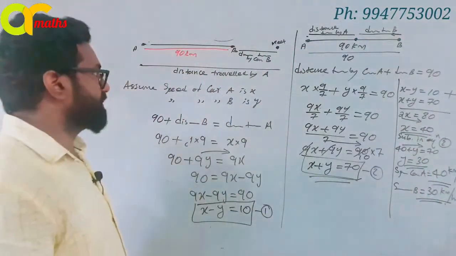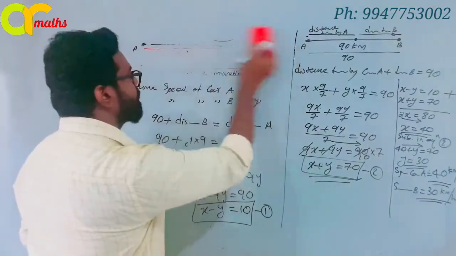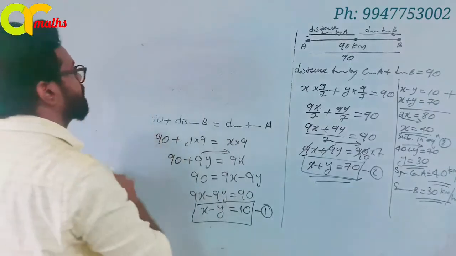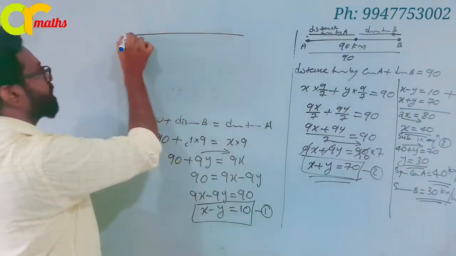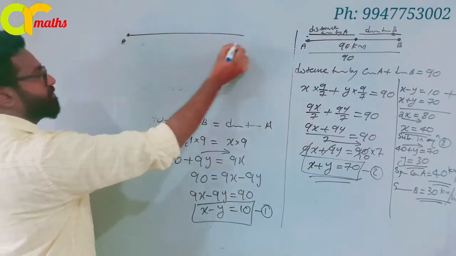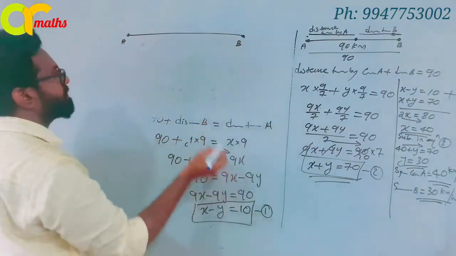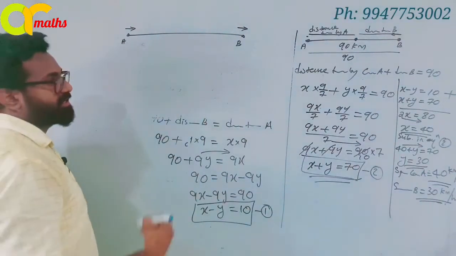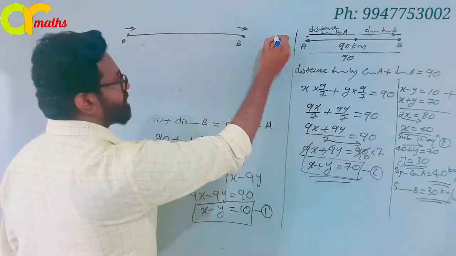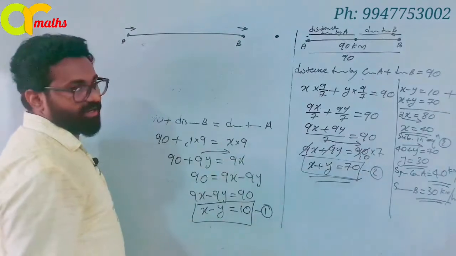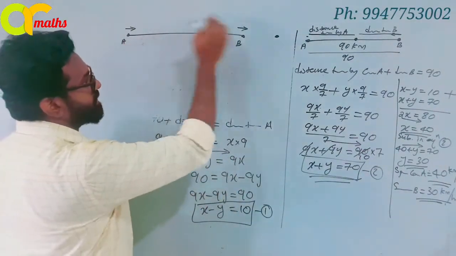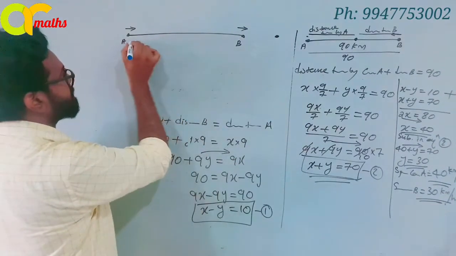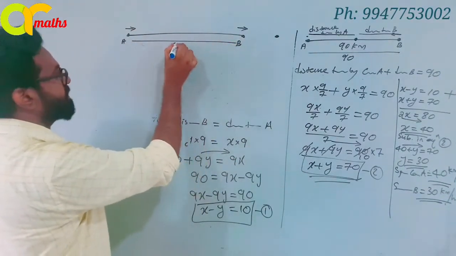Ready? Once again, what is our question? If two cars A and B travel in the same direction and meet at a point. Same direction means they will meet at this point, and this distance is given, that is 90 kilometer.